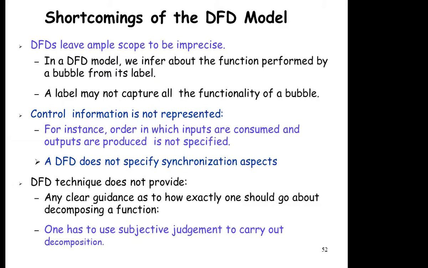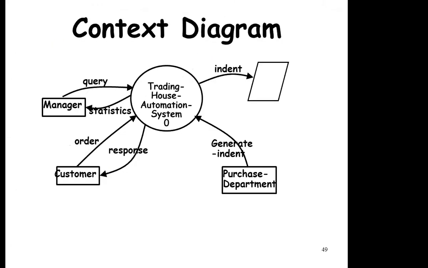Suppose I show the trading example from a previous slide. For the trading house system, suppose level 0 is there, manager is there, customer is there, purchase department is there. Can you imagine what different types of functions will be carried out by the trading house system? Yes, you can imagine. But one user will imagine three functions, another user four functions, another may imagine five functions.